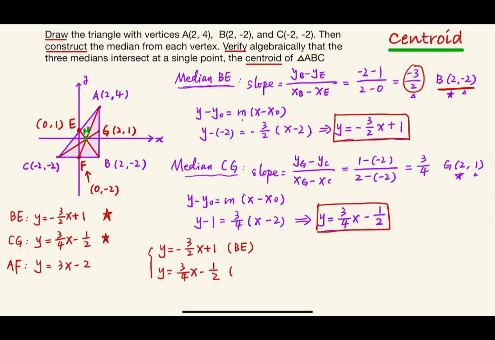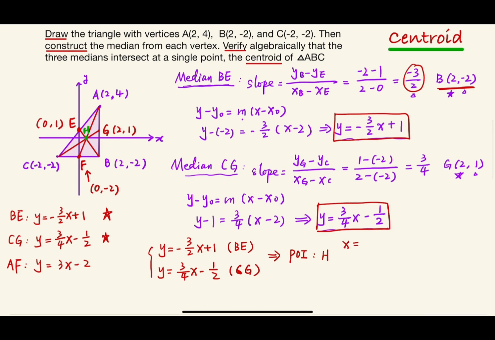This equation represents the median CG. So we just need to solve this linear system to figure out the point of intersection, that is the point H, x equal to what, y equal to what.